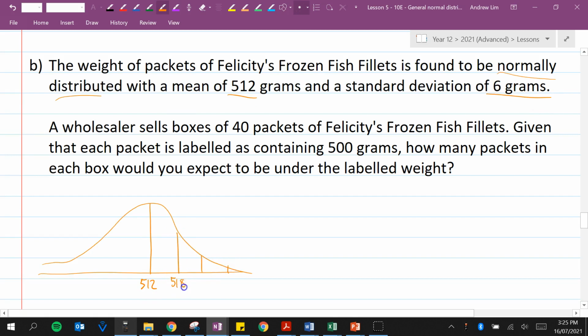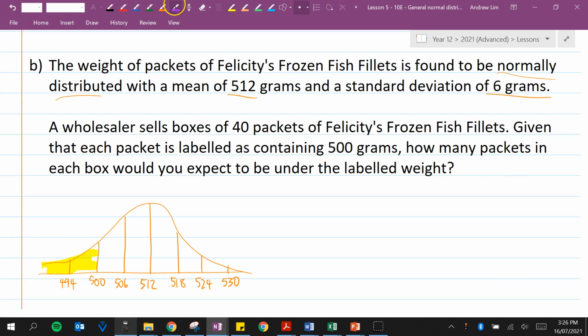So that's 518, 524, and 530. 1, 2, and 3. 506, 500, and 494. Okay. Given that each packet is labeled as containing 500 grams, how many packets in each box would you expect to be under that labeled weight? So we want under 500.